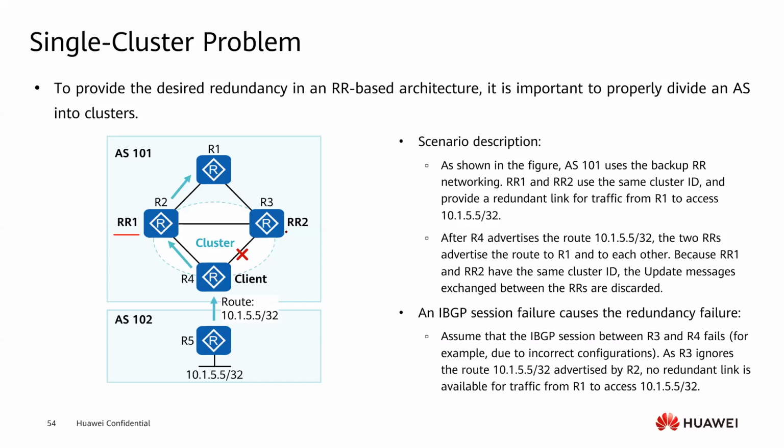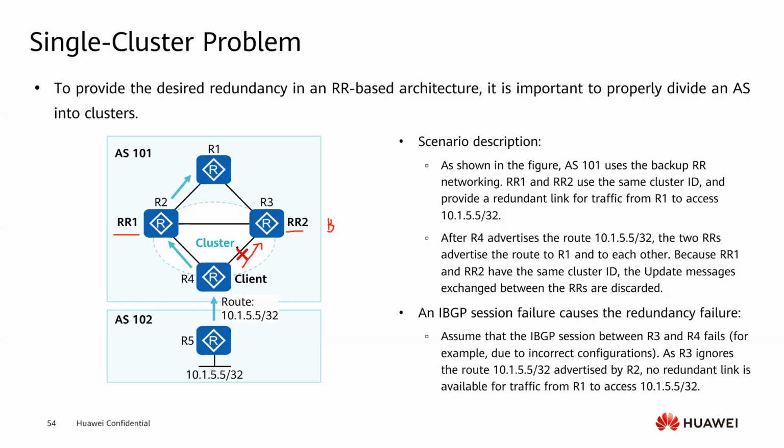And R1 and R2 work as a backup. So when R5 sends the route to R4, the client, the client will send this route to all its RRs, right? And then to R1. And these two ways do the backup.